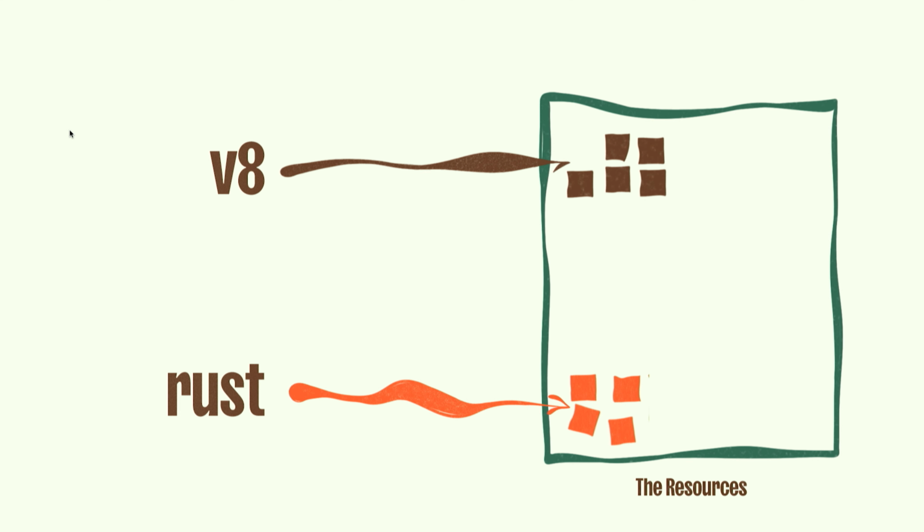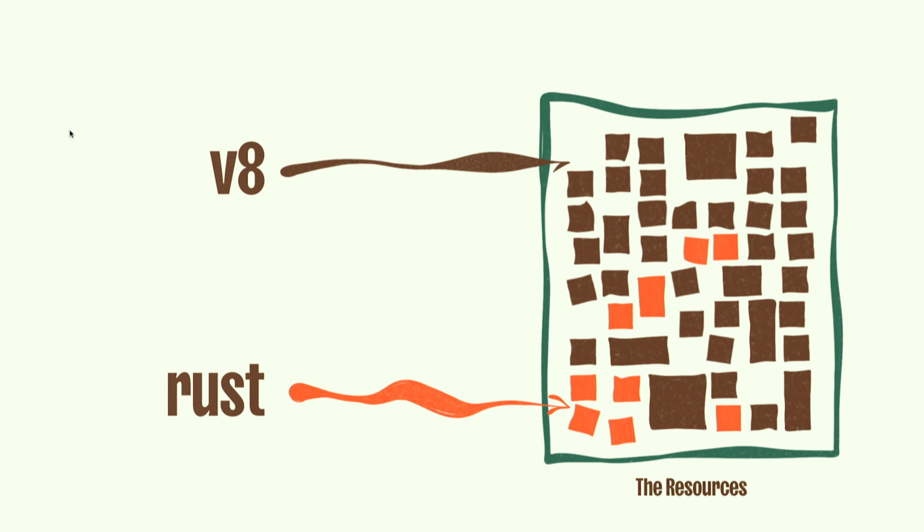Another issue with V8 is memory. A lot of the times what ends up happening when you have this sidecar process and shared memory is that V8 and Rust fight for the memory space you have, and there's a lot of contention. Especially the more complicated a query plan becomes, the more memory you're going to allocate.